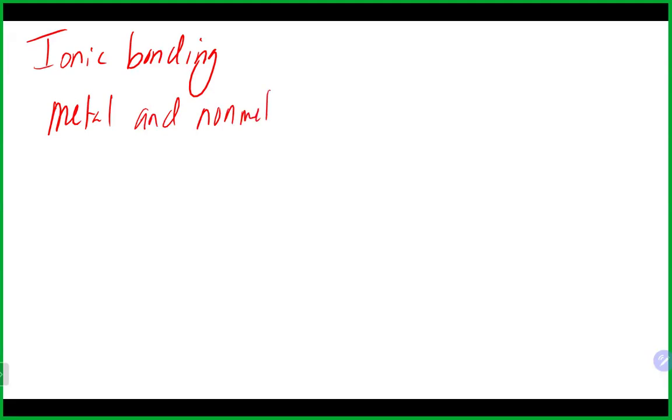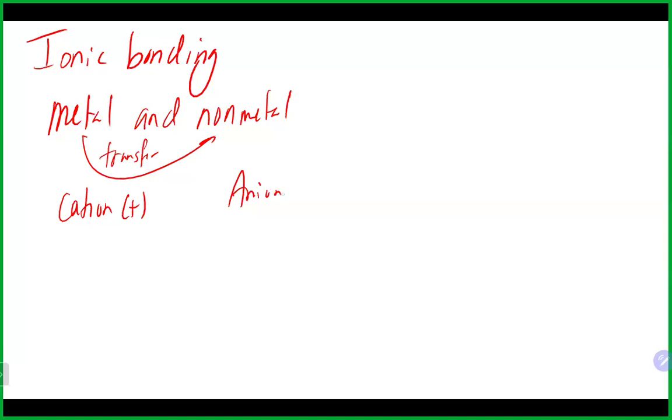Here, because of their differences in their periodic trends, we get a transfer of electrons from our metal to our non-metal, creating a cation, which is positively charged, and an anion, which is negatively charged. Once again, there's no sharing of electrons here. What's holding it together is the opposite attraction between the two charges, and that is an ionic bond.